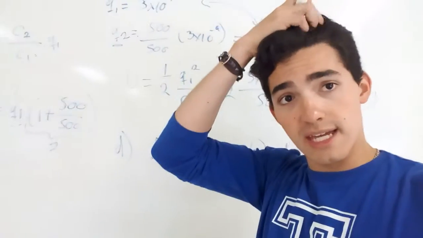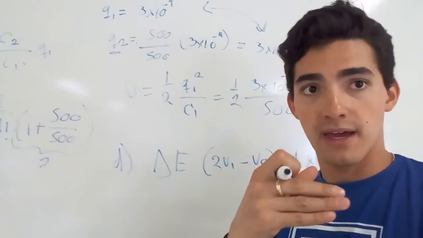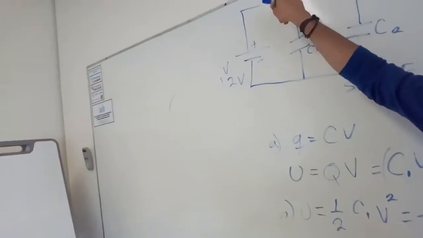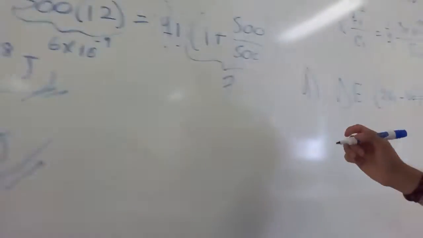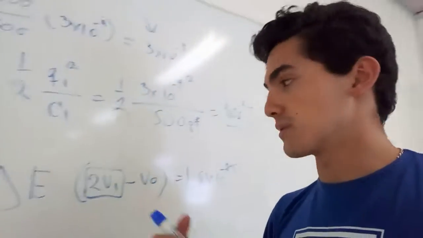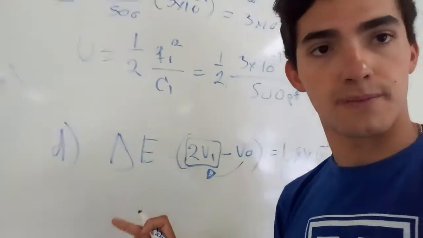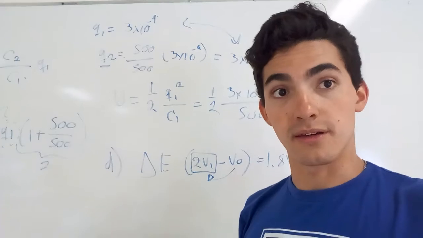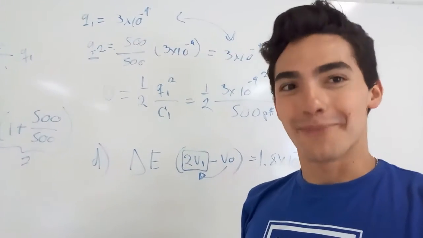Because the original supply of energy is divided in half at the beginning of the supply in here, and then when the switch is thrown, we have another division. So this is why we are dividing the battery energy into two parts, and this is how you solve the first problem of the third partial exam.